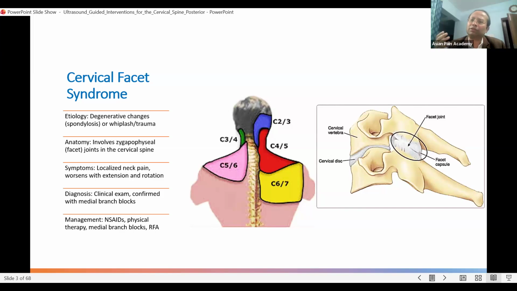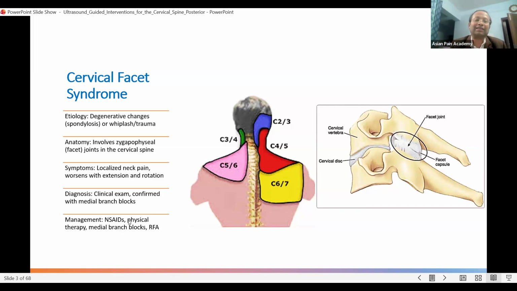But many times it happens that the patient has come to you and you see there is hardly anything in the physical examination, or even the X-ray and MRI, everything is normal. In those cases, you go for a diagnostic medial branch block. With a diagnostic medial branch block, you can be very much 100% sure whether that facet joint is causing the pain or not.